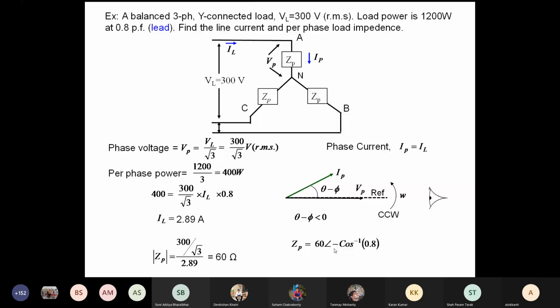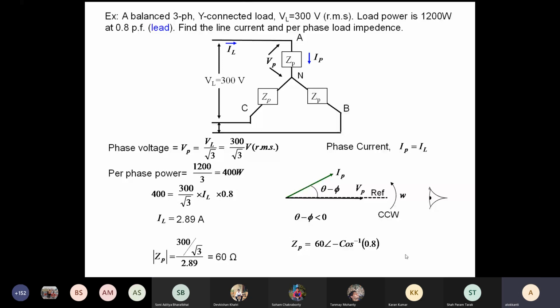Whether it will be minus or plus? Minus, because it is a capacitive load. It will be in R minus jX form. For that reason, you have to mind the type of power factor, whether it is leading or lagging. Then through your calculator you can find out cos.